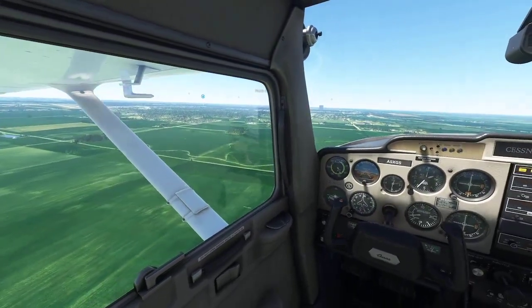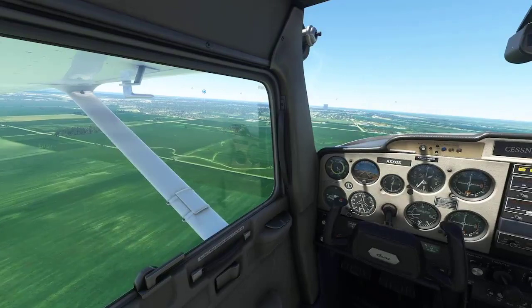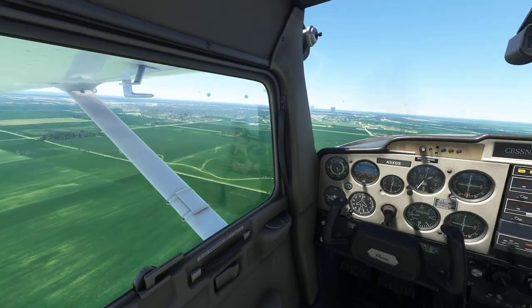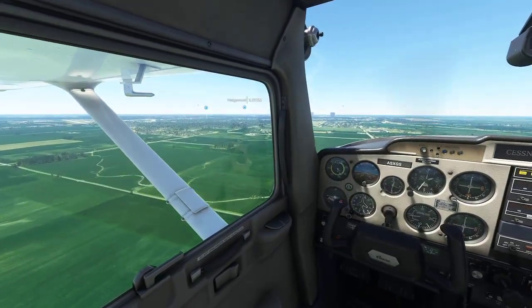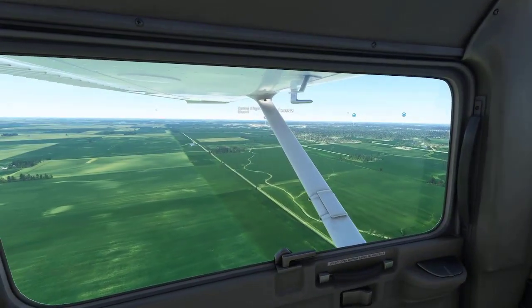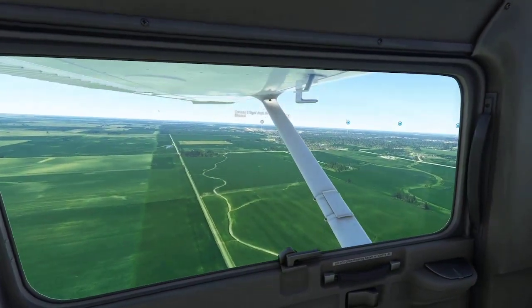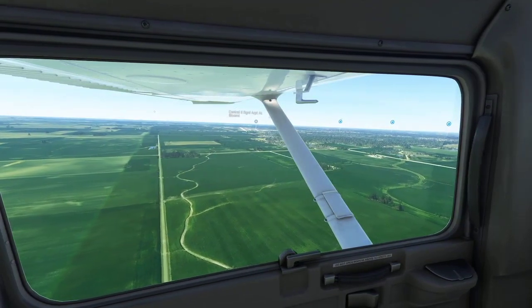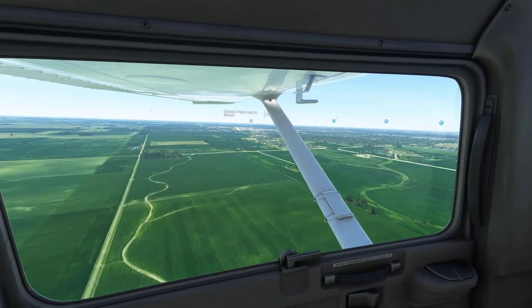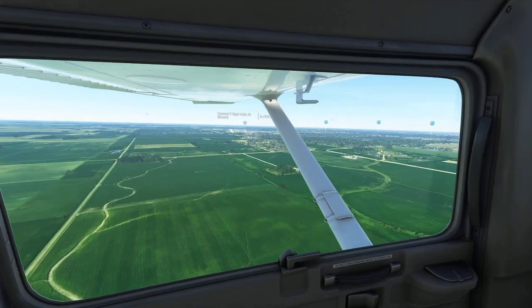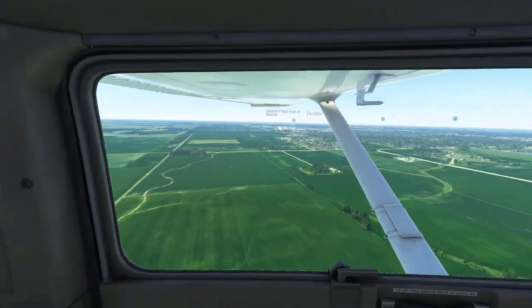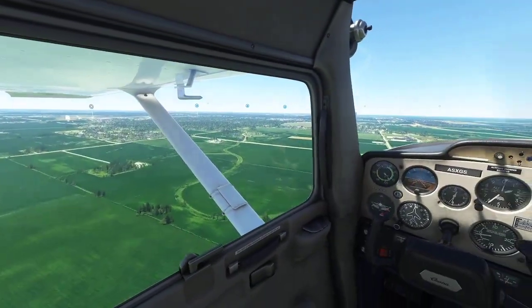So I am going to head west until I get a little bit past. Then I'm going to come in on the 45. That's a nice looking rectangle there, or square. But that's why I like this area. There's a lot of good options.